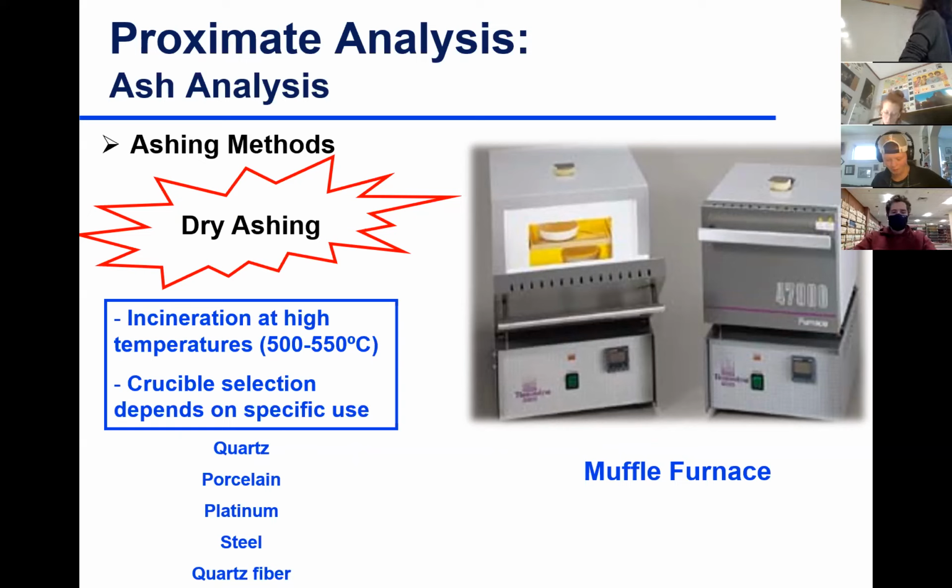So you put your samples in. Usually you want to put your samples in when it is cold before you heat it, because it gets extremely hot. Don't want to put your hand in there when it's hot. So usually you put your samples in, you close, and you turn it on, and it gradually gets up to temperature. Same when you want to remove your samples, you want to make sure you turn it off, let it cool, and then take your samples.